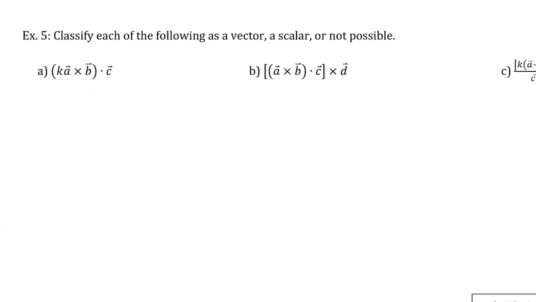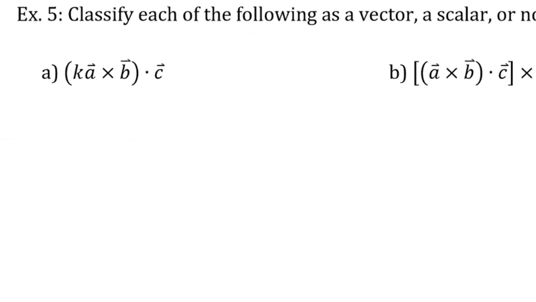Okay, last thing we're going to do is a couple of these neat little puzzle questions where you are classifying whether the outcome of each of these would be a vector, a scalar, or whether it's not possible. Okay, so this is how I tend to do these. I start picking apart each bit. So what about k times vector a? That is a scalar times a vector. Can we do that? Yes, of course. And it gives you a vector. And I'm going to cross that with vector b, so with another vector.